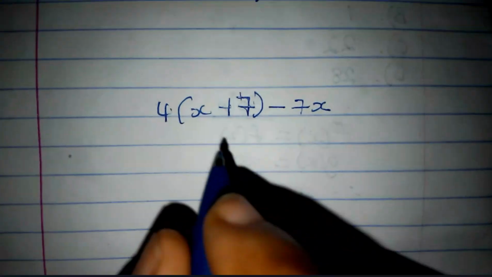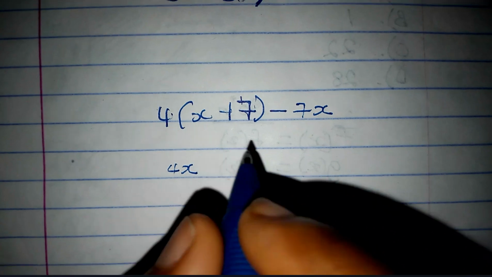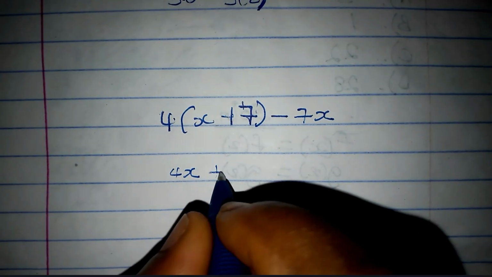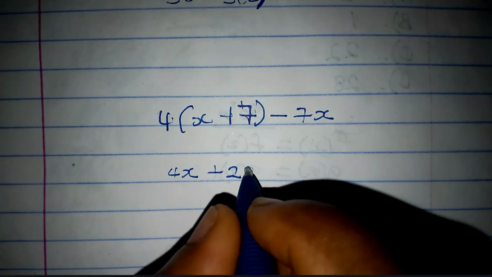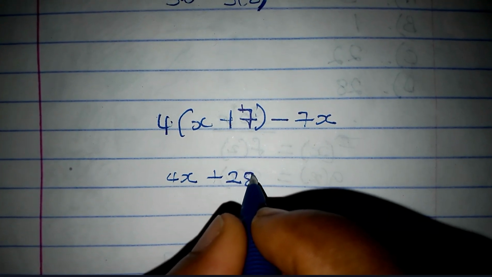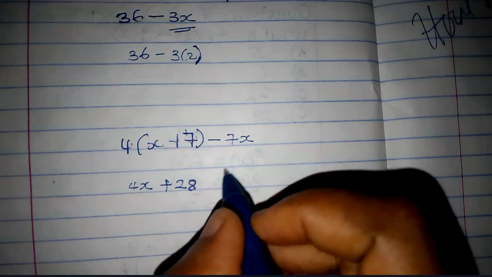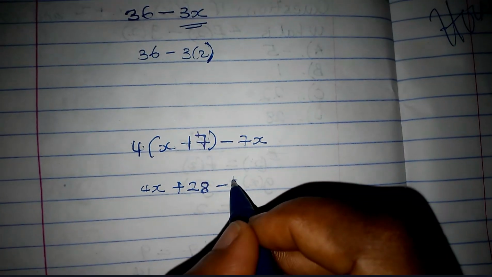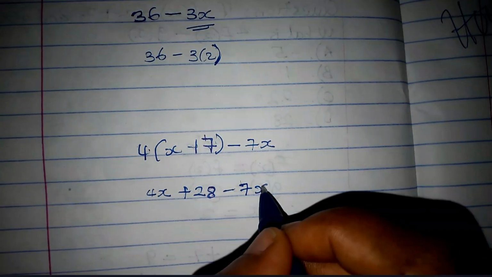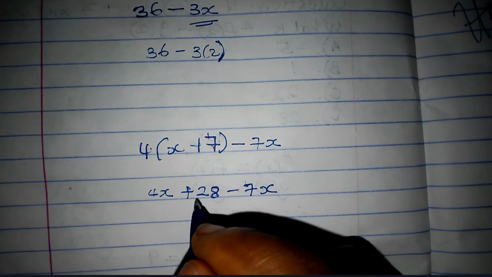So this is what we end up with: 4x plus 4 times 7, that's 28, minus 7x. 4x minus 7x is minus 3x.